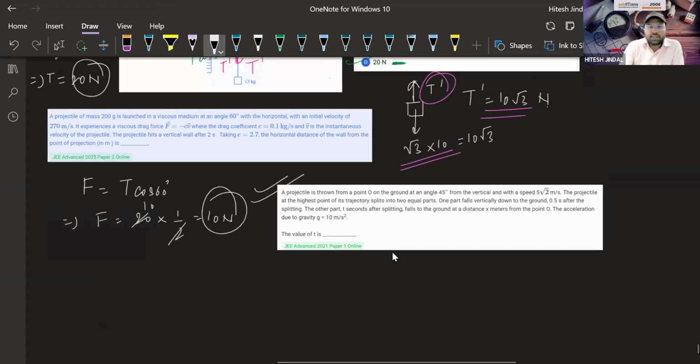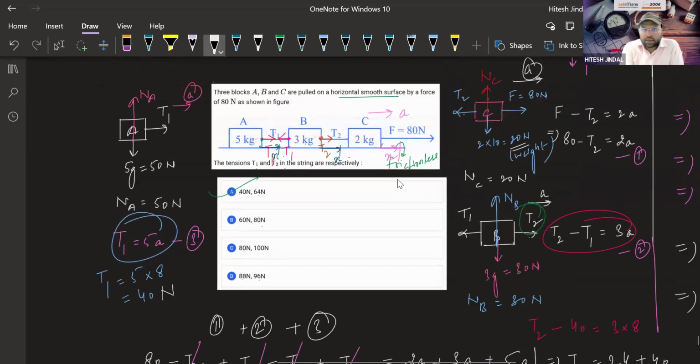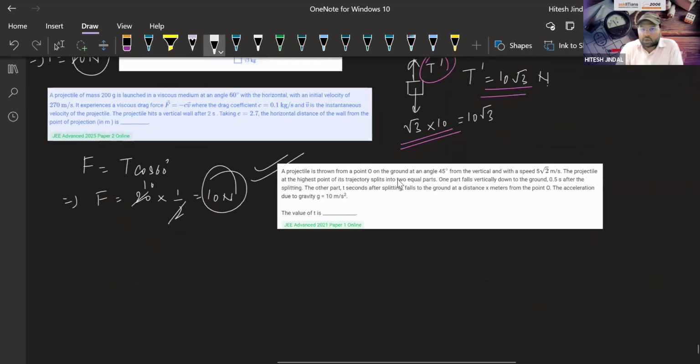What about these questions? These are JEE Advanced questions. Anyone able to do this? Yes, anybody? Okay, so you just go through these questions and try to do them. Take your time, and I'll discuss it.